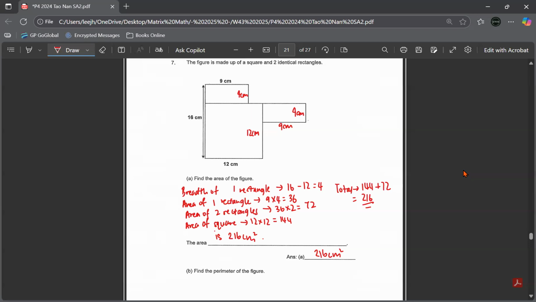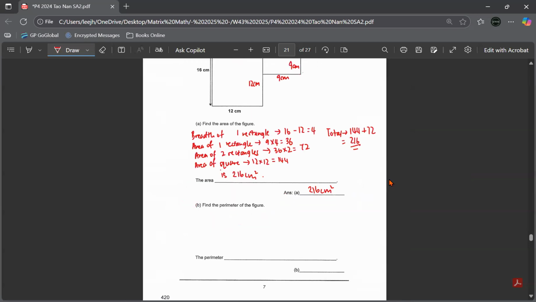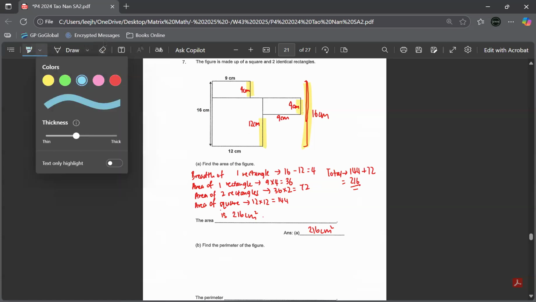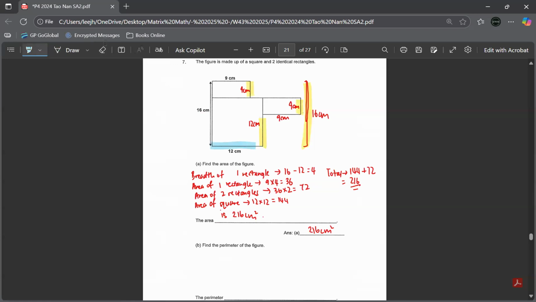Question B. I want to find the perimeter. So if you look, this is 16, this is 12. So that means the breadth of the whole figure is 16 cm, because you push it out. Here is made out of this, and this pushes out. And the length will be this and this.